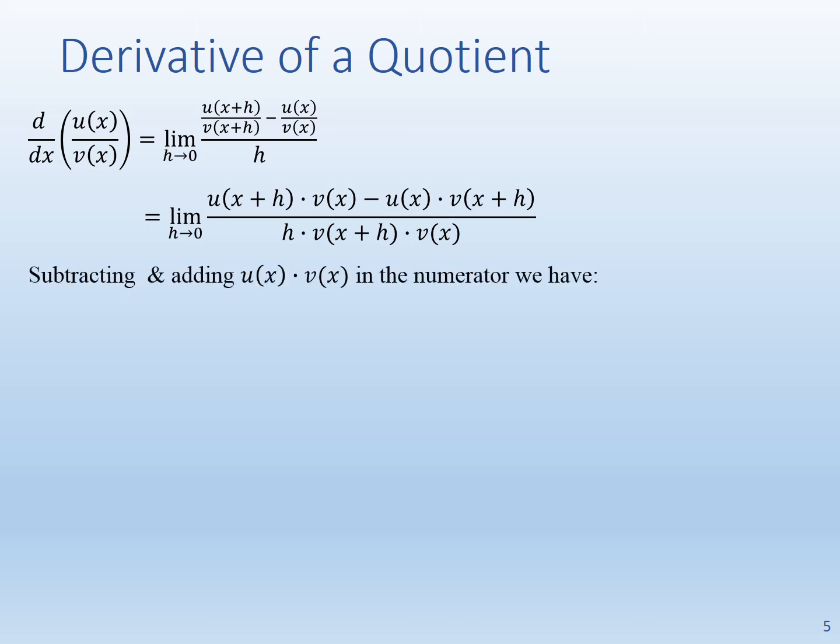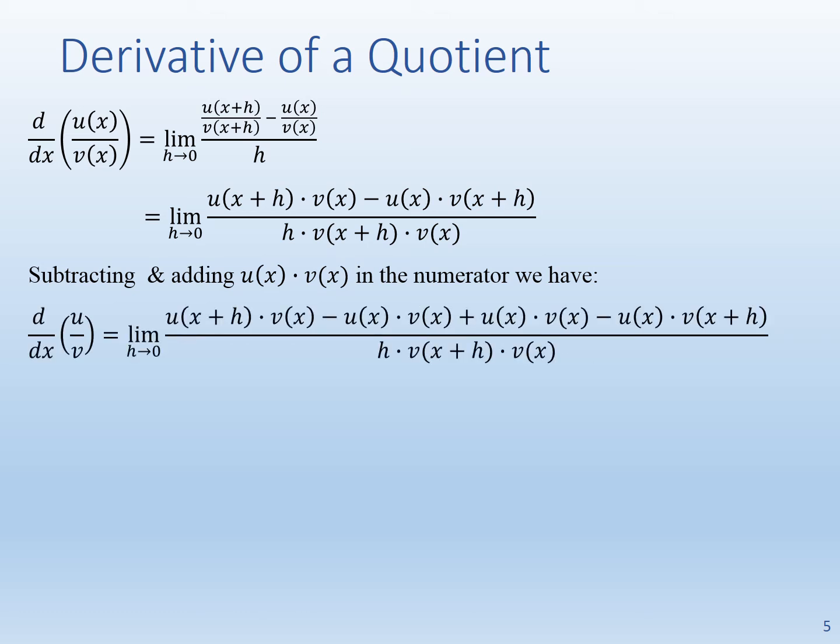Now, like before, we'll subtract and add a term, in this case u times v, so that we can rearrange the whole thing. So we're subtracting firstly a u of x times v of x and adding it, and the rest is the same as it was above.